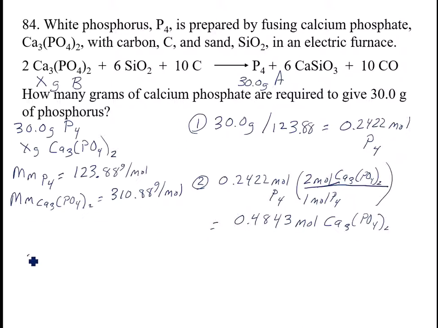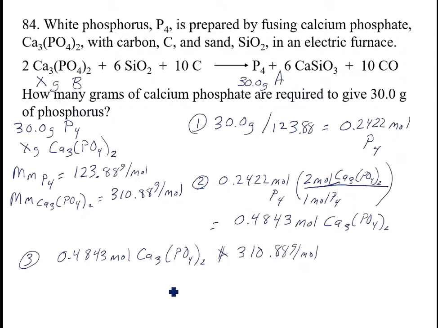And step 3 is take the moles of calcium phosphate, 0.4843 moles of Ca3(PO4)2, times its molar mass, which is 310.88 grams per mole, and I get 150.2 grams of Ca3(PO4)2, calcium phosphate.